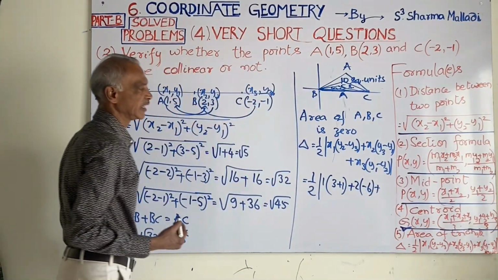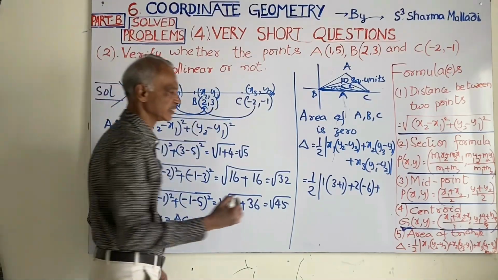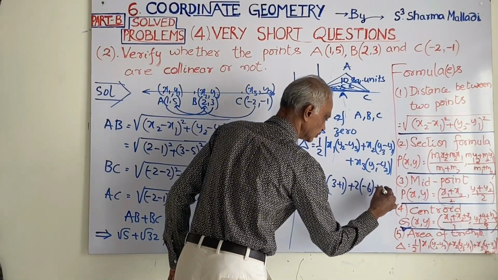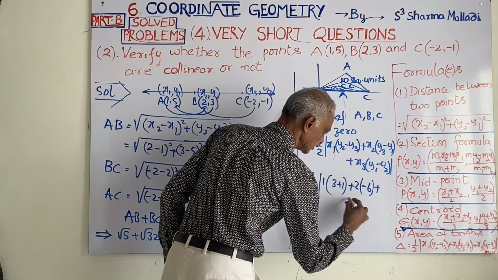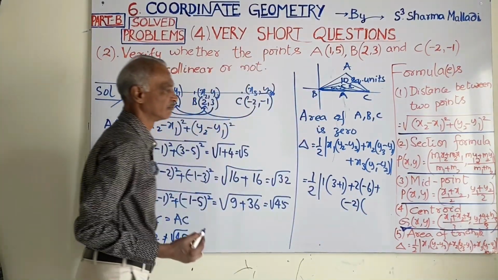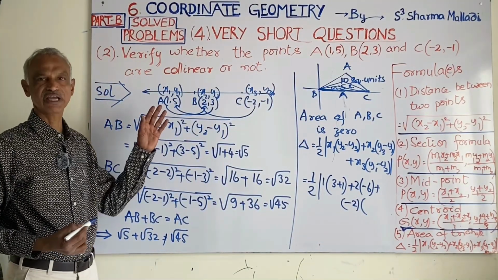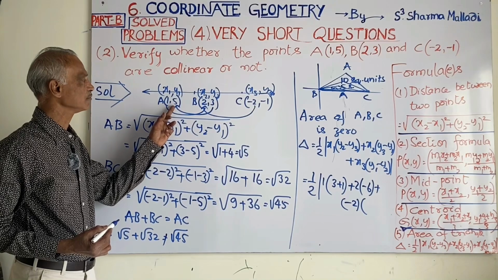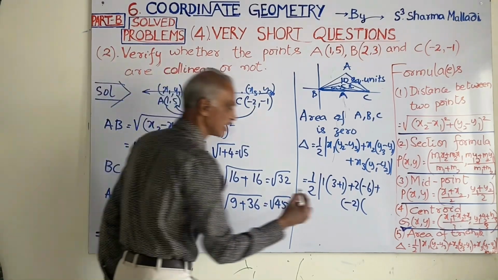Plus x3, which is minus 2, into y1 minus y2, that is 5 minus 3.